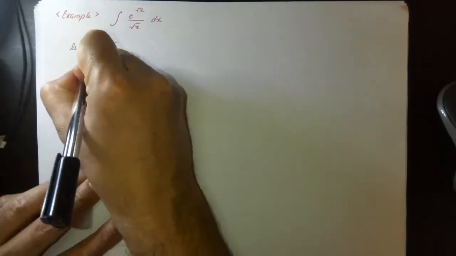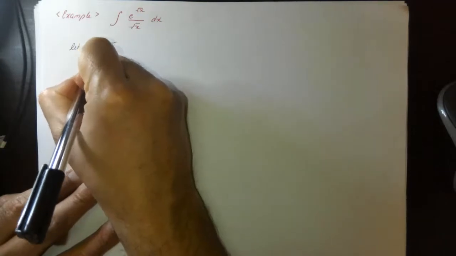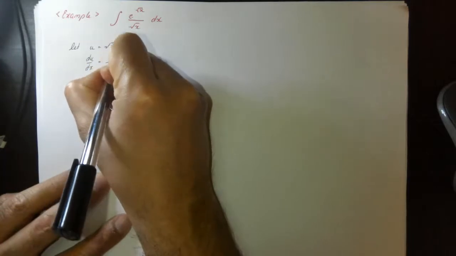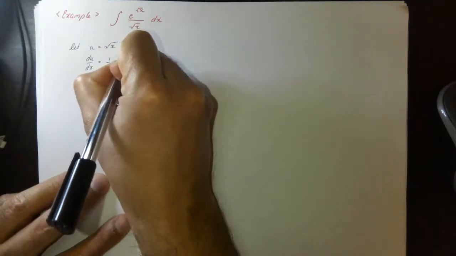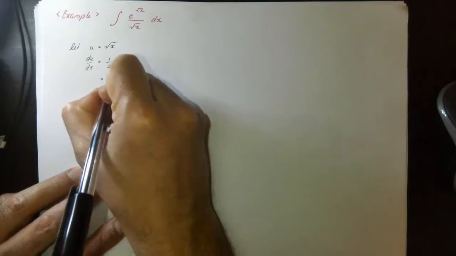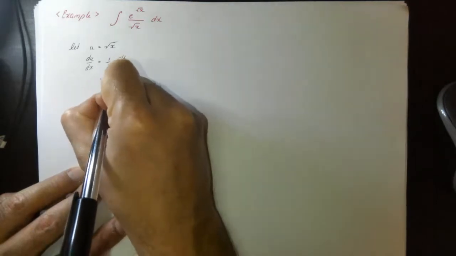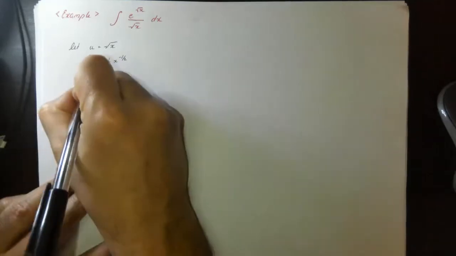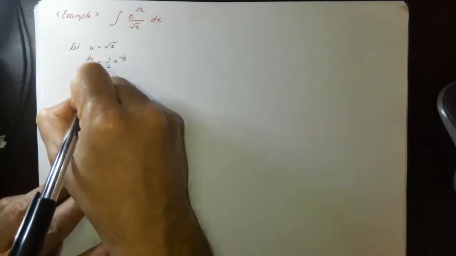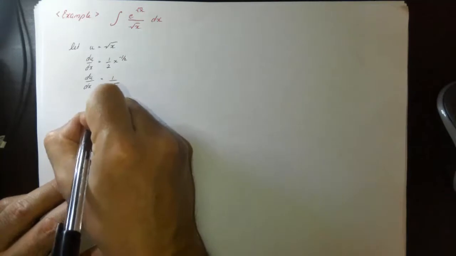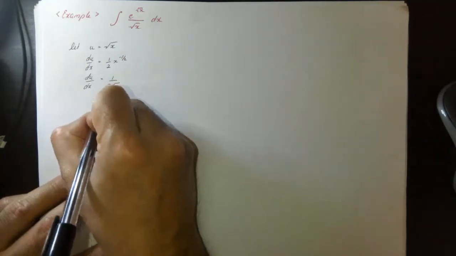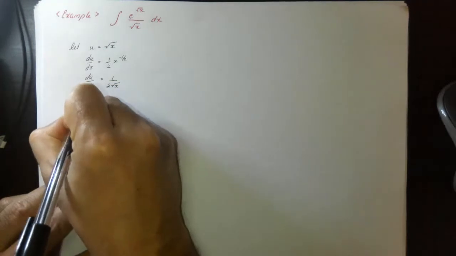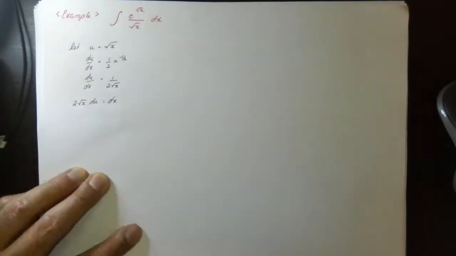So then du over dx is a half x to the minus a half, which is written as that. So dx is 2 root x du.